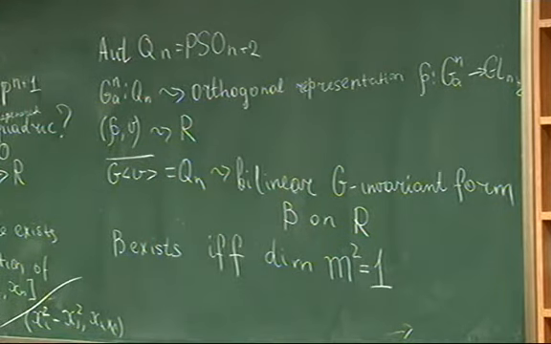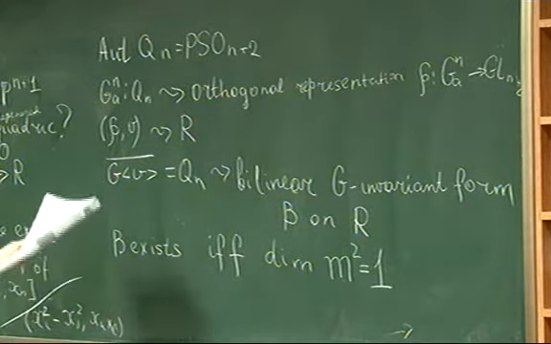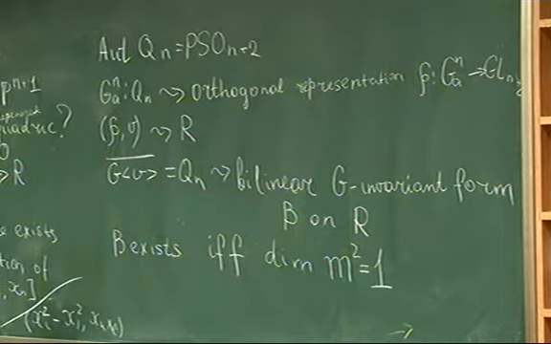It is the only case when a form exists and when the action on the quadric can exist at all. And in this case, when the dimension of the square is 1, this form is determined uniquely up to scalar multiplication.